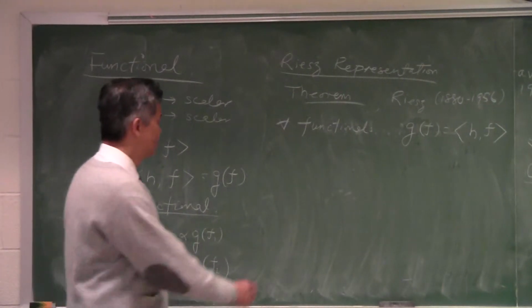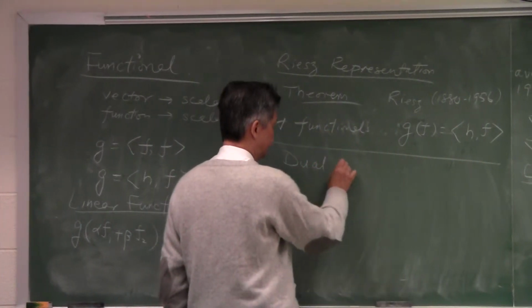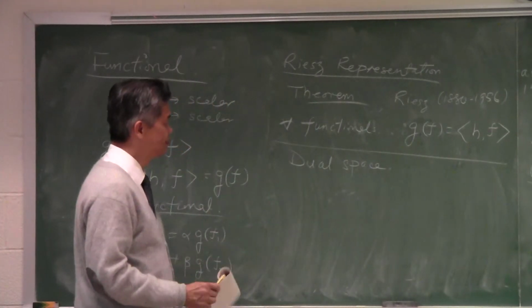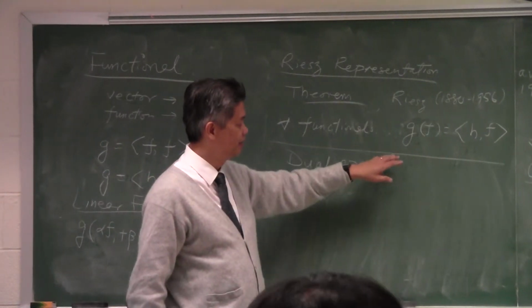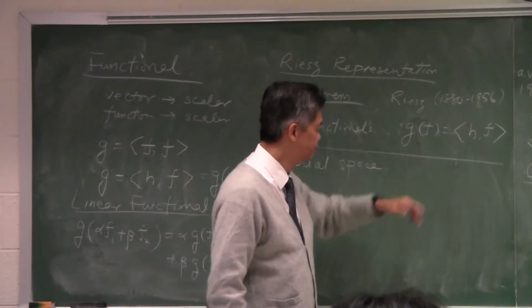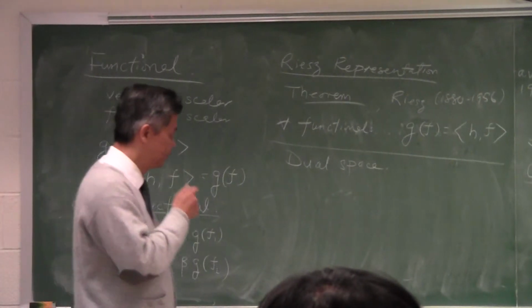What is the dual space? We often hear of this concept being used in electromagnetics as well, the dual space. The dual space consists of the set of all possible linear functionals that you have with this kind of inner product.